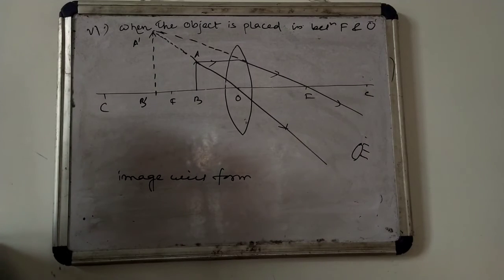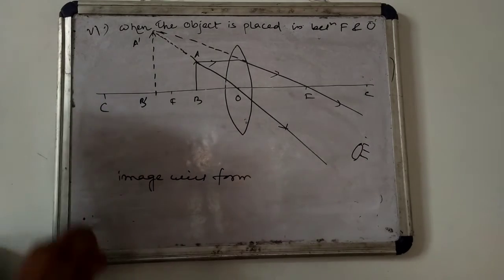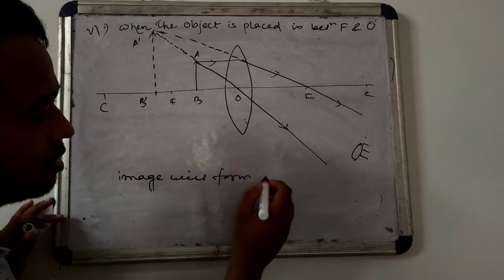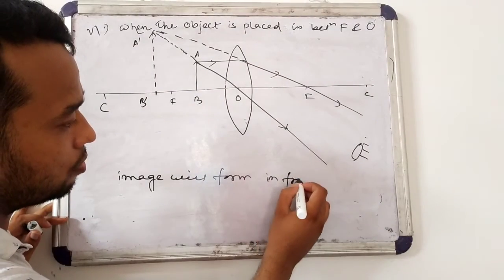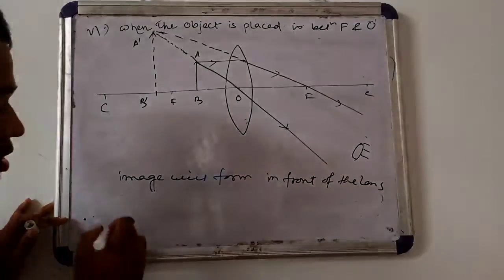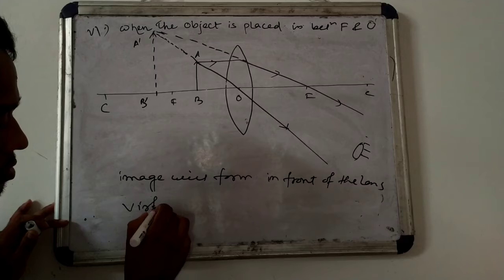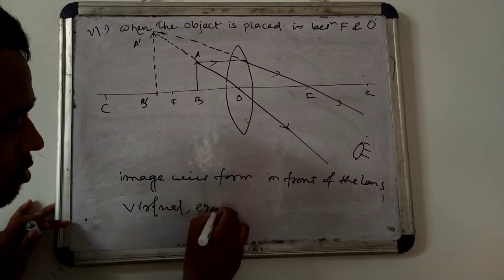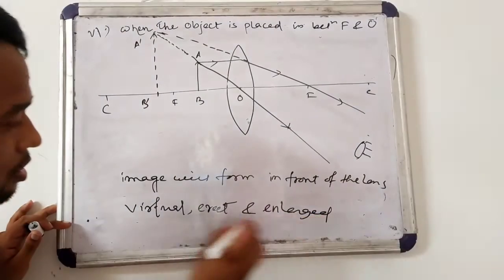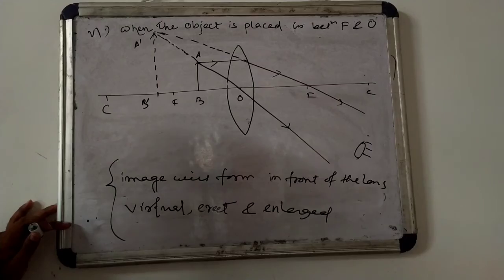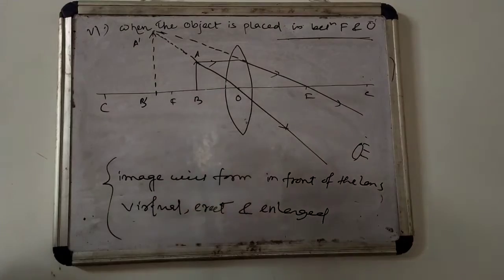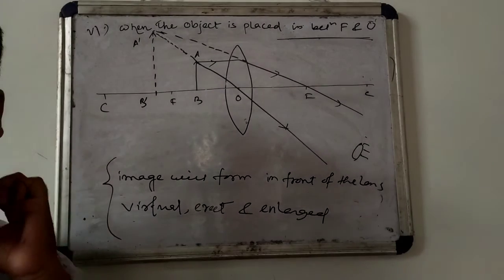It will appear like that, but actually this is not real. So image will form in front of the lens, which will be virtual, erect and enlarged. So this is the only position of the object where we can get a virtual image from convex lens.